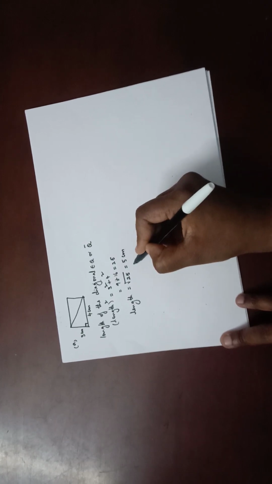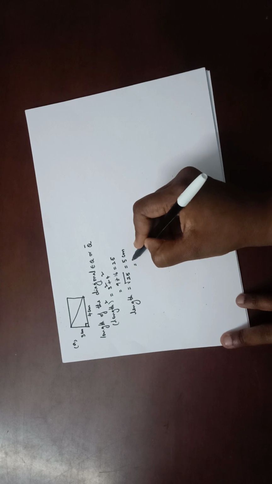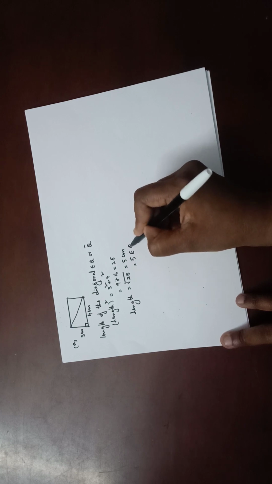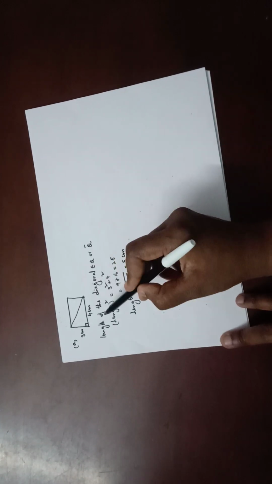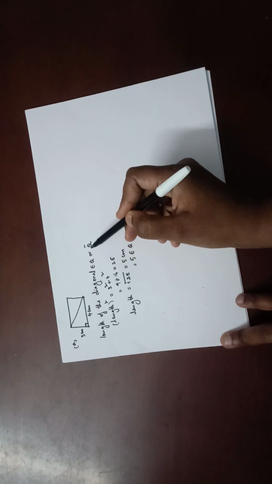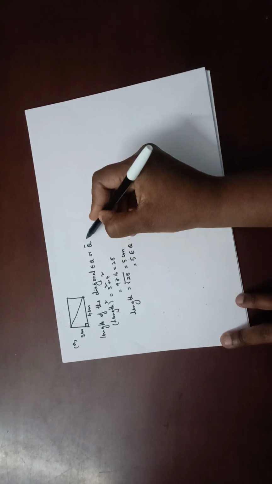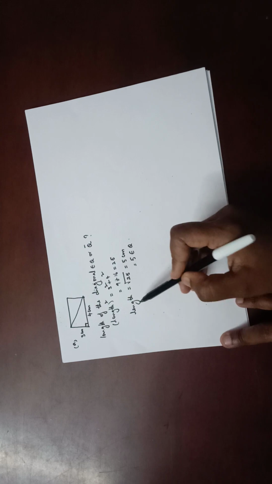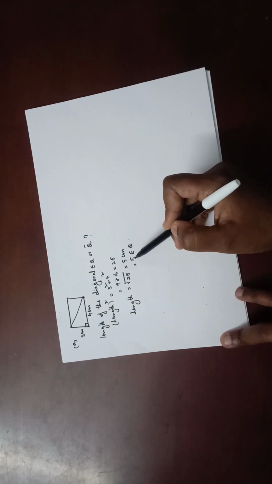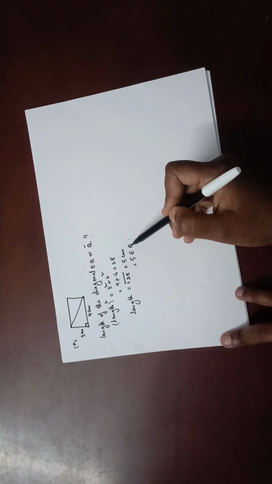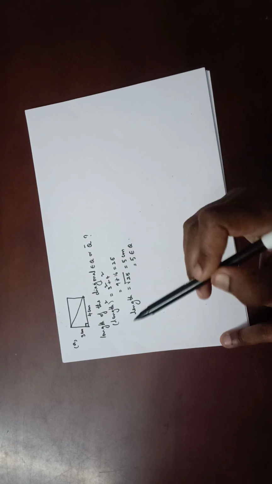So this 5 is a rational number. Whether the length of the diagonal belongs to Q or Q bar, yes, the length is 5, which is a rational number.